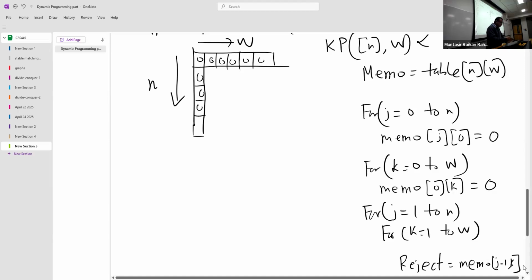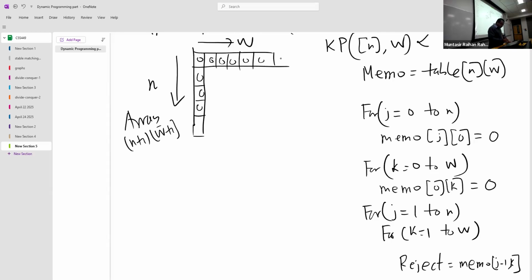Your array size can be n plus 1 and w plus 1. So you initialize the size of the array to be n plus 1 times w plus 1, so that you have a 0, 0 position. That's perfectly fine.